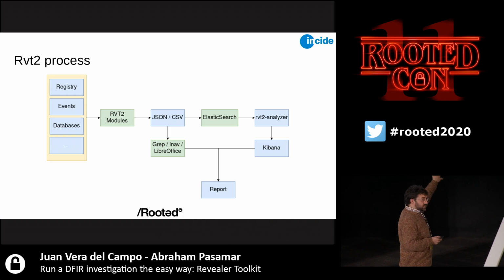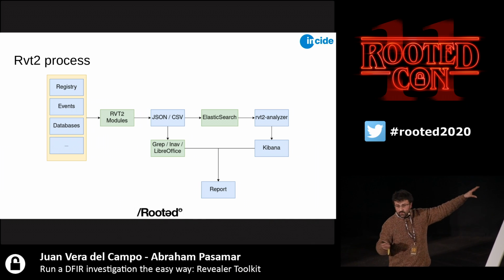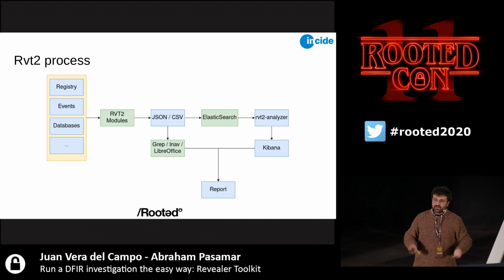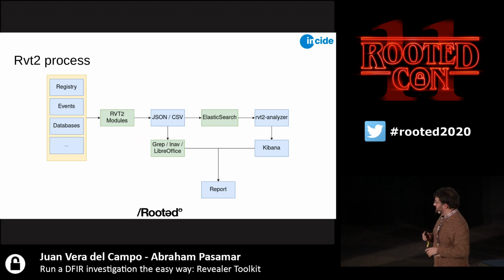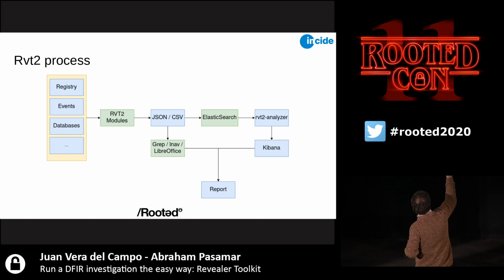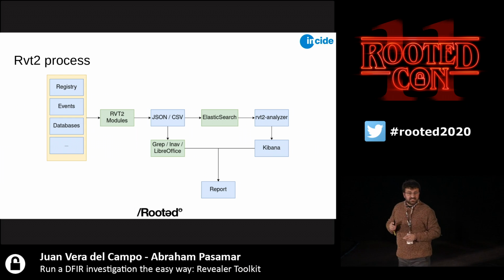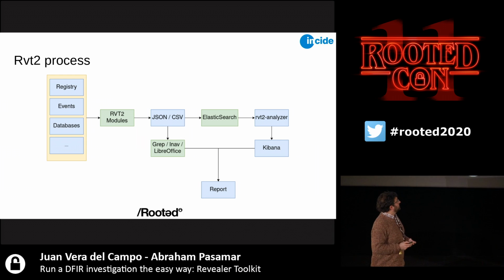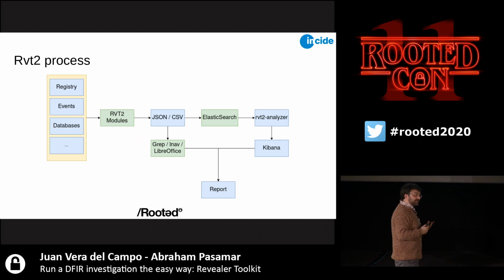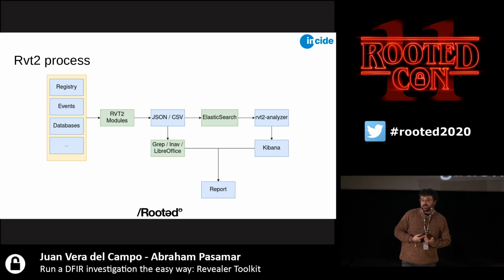So with each of the RVT modules, this ends up in a JSON or in several JSONs. We can grep these JSONs in order to focus our research on a specific artifact we are more interested in. And these JSONs can be injected into other systems, in this case Elasticsearch, or used with other tools that we have defined, in order to focus this research and route it towards the results.